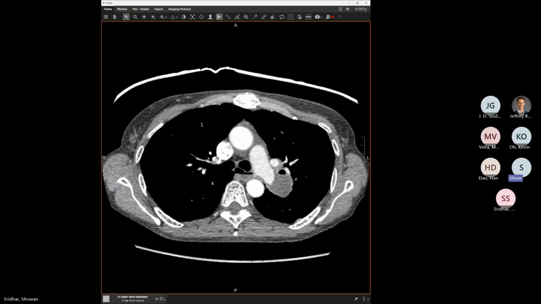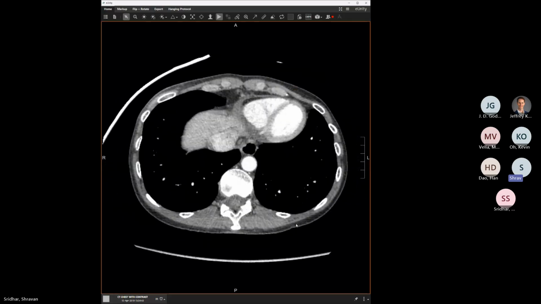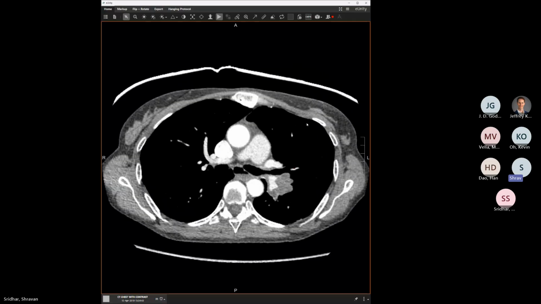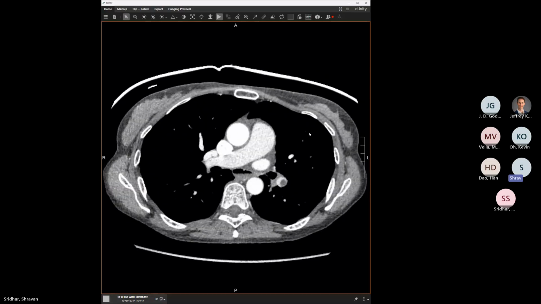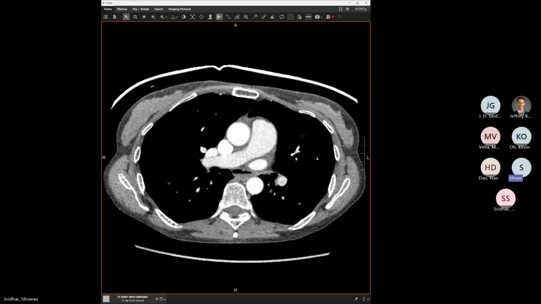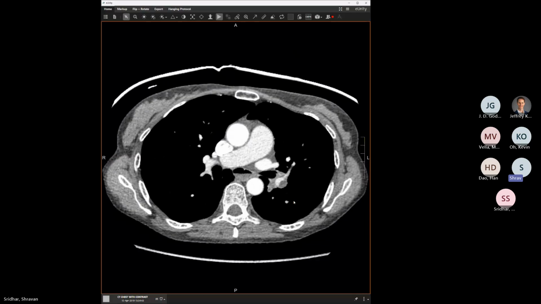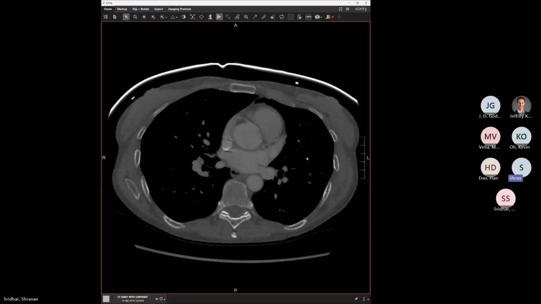It's resulting in a little bit of dilation of the distal left PA, and the rest of the pulmonary arterial tree is pretty clear. The main pulmonary artery doesn't look particularly dilated, so it's just an isolated defect here. It looks a little irregular and extends into the distal branches.